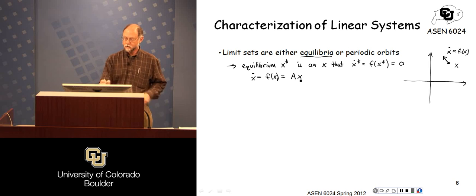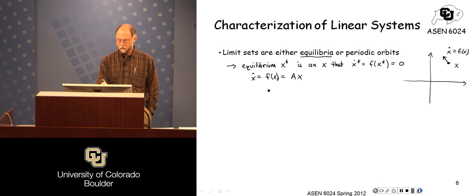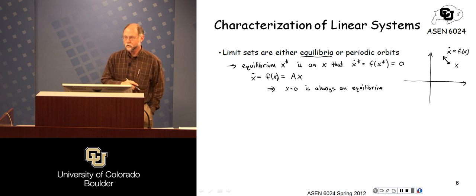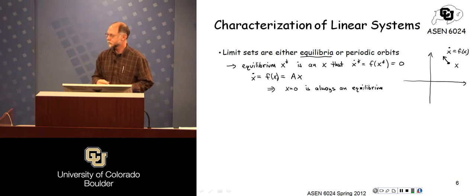X equals 0, because A times 0 is always 0. So obviously, x equals 0 is always an equilibrium for a linear system. The origin of the state space is always an equilibrium for a linear system.